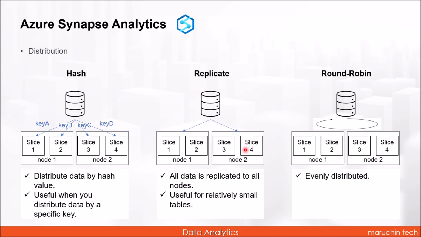In replication style, all data is copied to all nodes, and this is used for small tables. And the round-robin style is the most common method, where data is evenly distributed across all nodes. On the next page, I will show an example of these distribution styles using actual sample data.